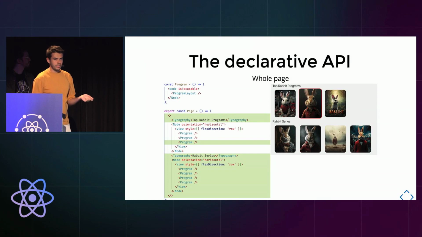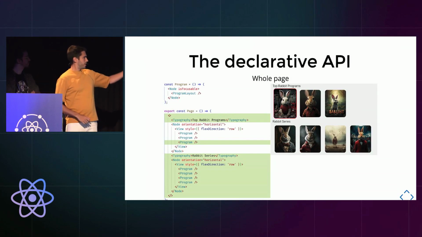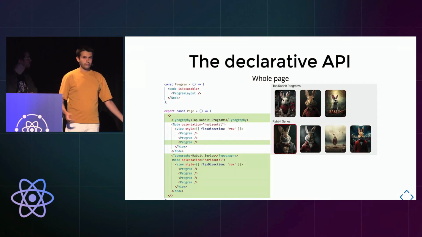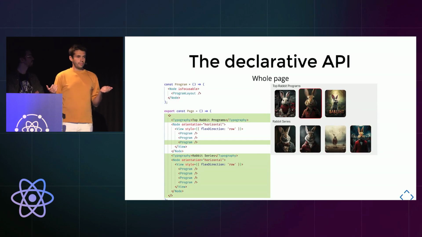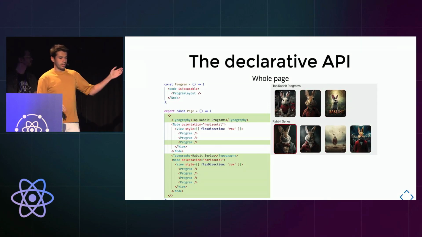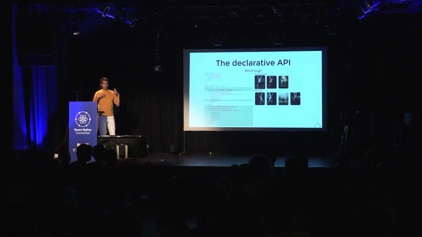And maybe last precision, you see here that the title of the rows don't really need to be focusable. I mean, I don't need to go on the title to do anything. So here the title is just a simple typography, no nodes wrapping it. The nodes are only here to describe the spatial layout.